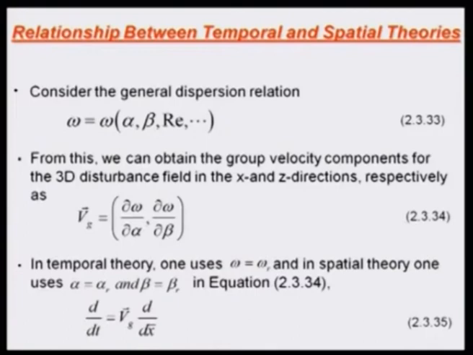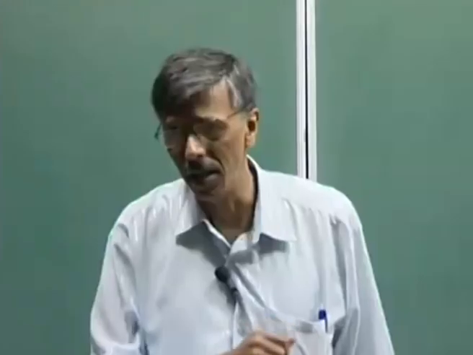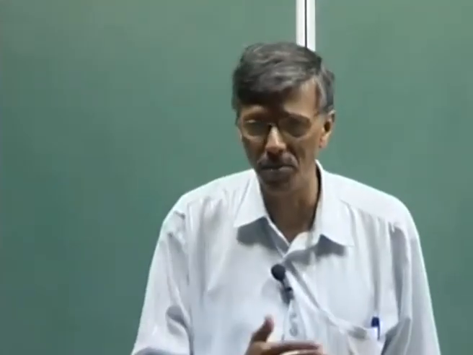As we see today, there is a basis for this equation 35, that comes out from the fact that the complex circular frequency is in general a function of the complex wave number components.